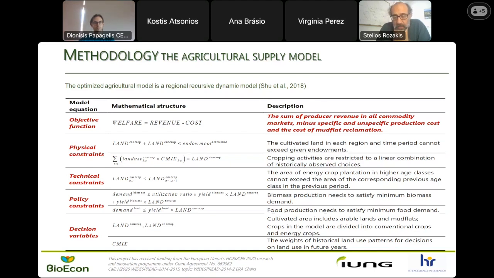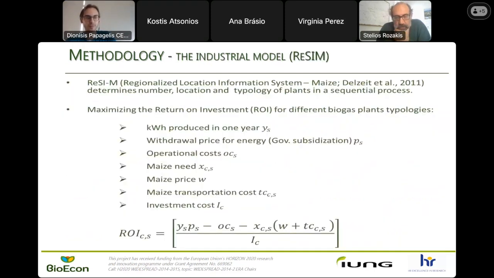The variables come in terms of hectares for different crops cultivated in the region, including energy crops and residues from different crops, currently or cultivated in the future.